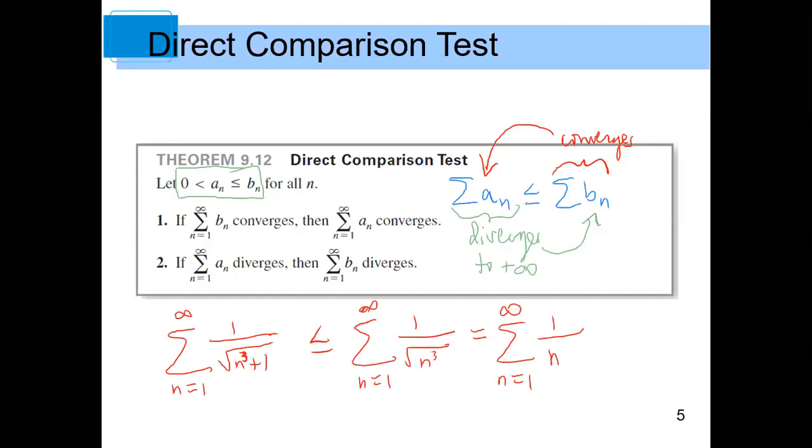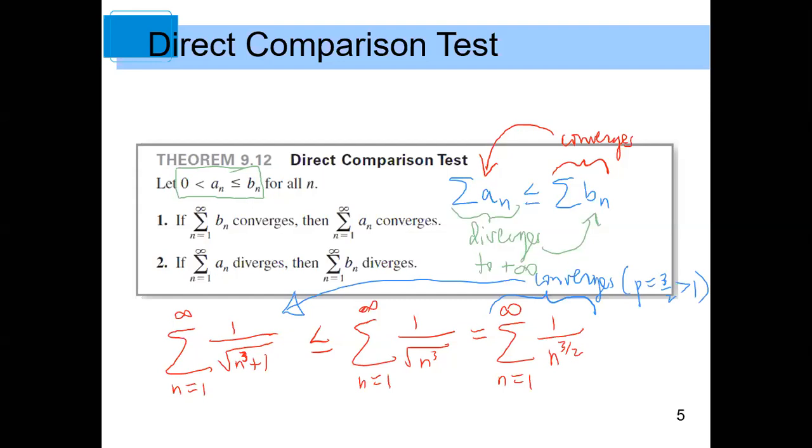And what do we say about this series? This thing converges. How do you know? It's a p-series, right? So p is equal to 3/2, which is greater than 1. Therefore, since this thing converges, so does this original thing over here that's actually smaller than it.